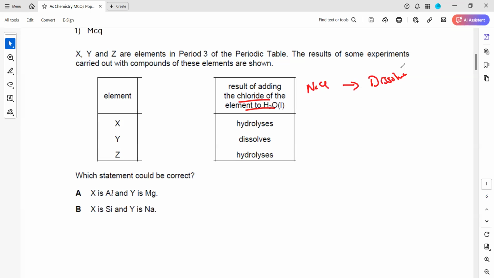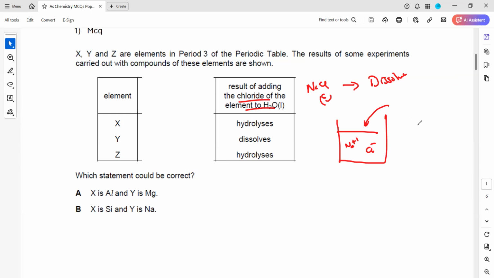The term dissolving means it just breaks down into ions. When you add sodium chloride, the sodium ion and the chloride ion separate from each other and the substance dissolves. The solid sodium chloride breaks down into ions, that is called dissolving. But what is the term hydrolysis?